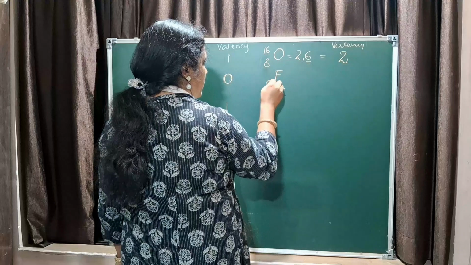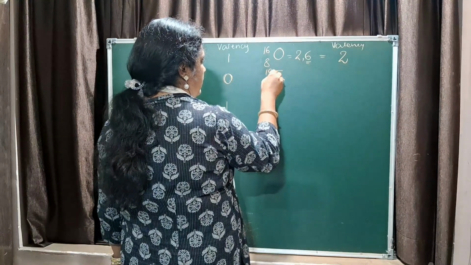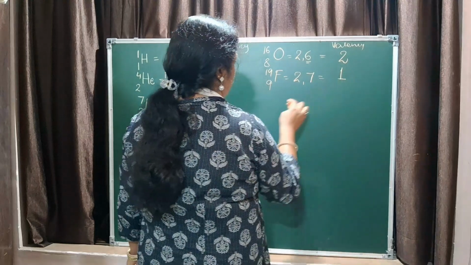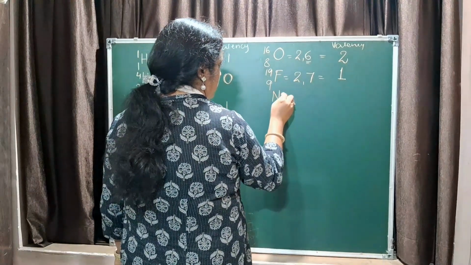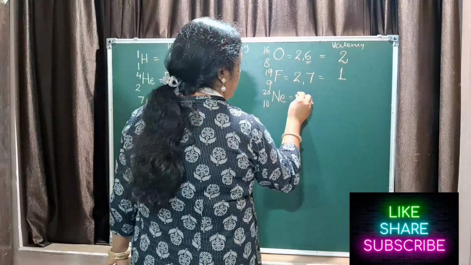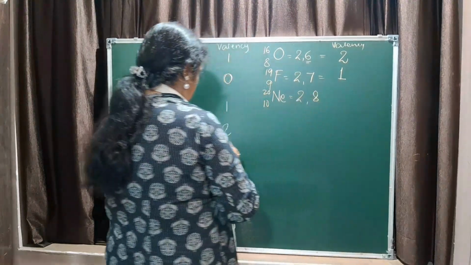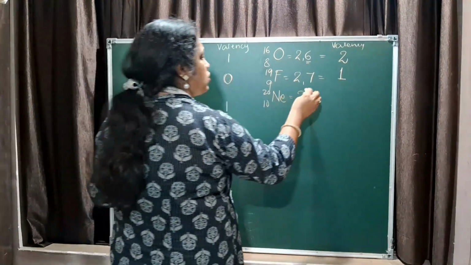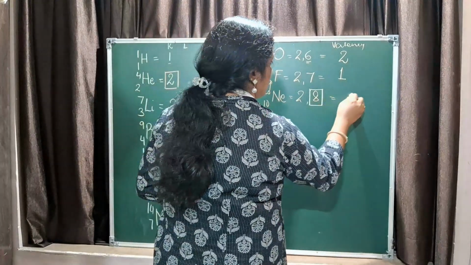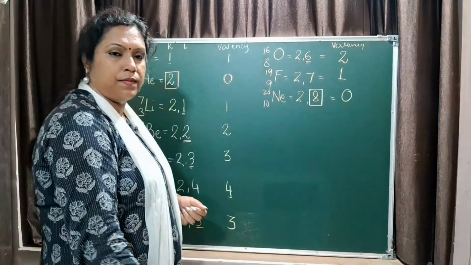Fluorine 9 and 19, that is 2, 7. Valency is 1. Neon, that is 10 and 20. In this case 2 and 8. So L shell also gets filled. So it is a noble gas. So valency is 0. Okay.